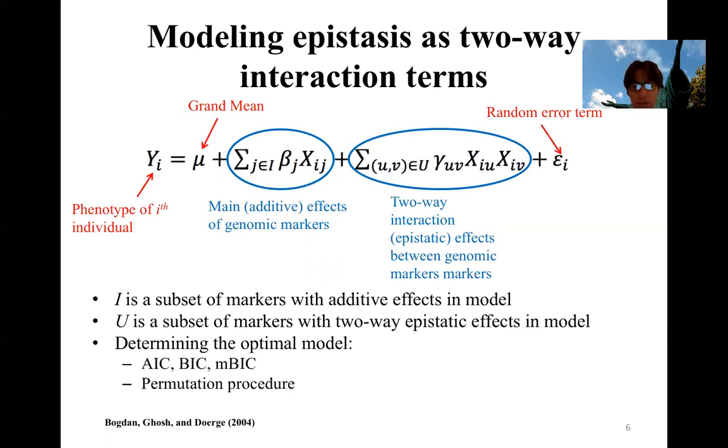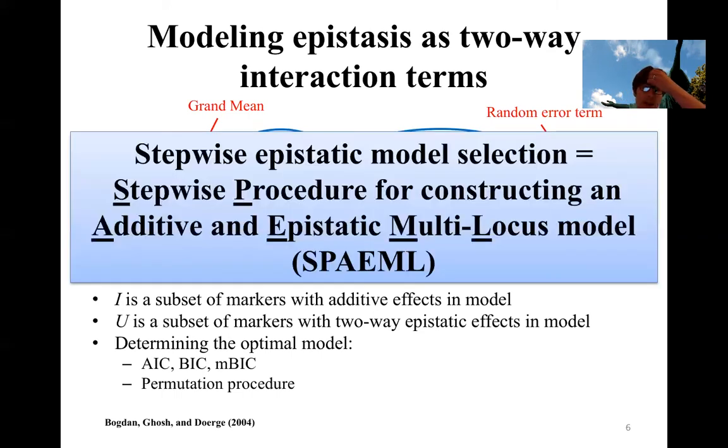Then we can do a statistical procedure to determine these significant single markers or pairs of markers that have a major say in variability of your Y variable. We incorporated this statistical model into some software, which we decided to call SPAEML.